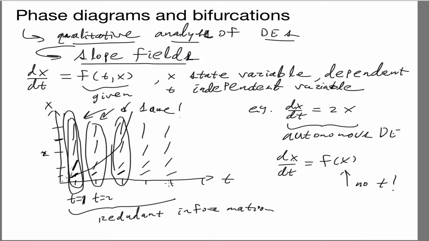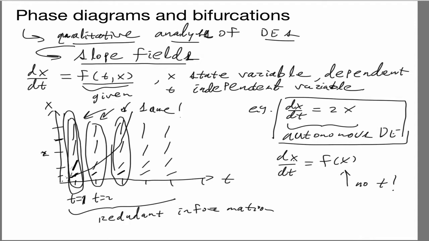Once we know that column, we know everything. We just stack up all those columns to get a picture of the slope field. So in the case of an autonomous DE, one that doesn't depend on time, we can study what we call phase diagrams.